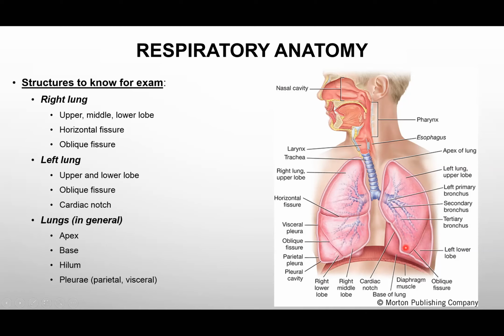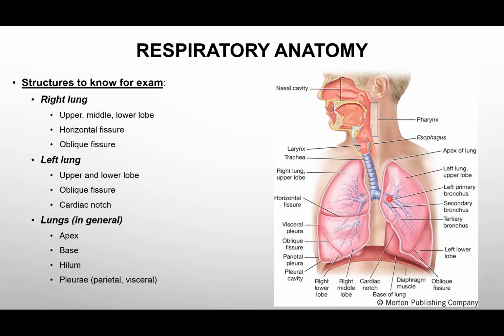And the hilum, essentially, if you cut off one of the lungs and turned it to the side so you were looking where this primary bronchus was actually entering into the lung tissue, that's the hilum. In addition, we have pleura that surrounds our lungs.